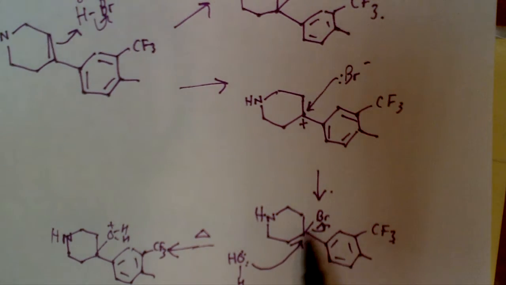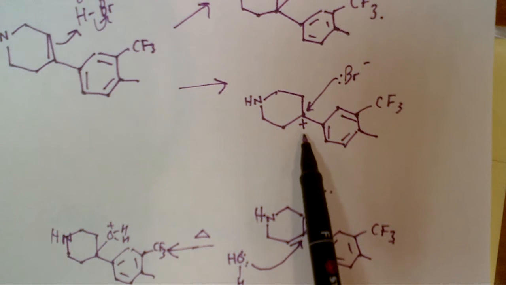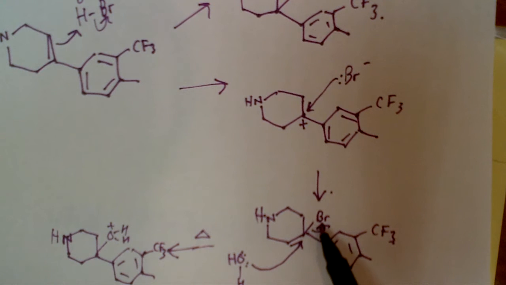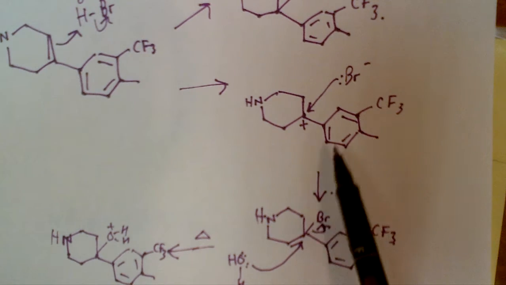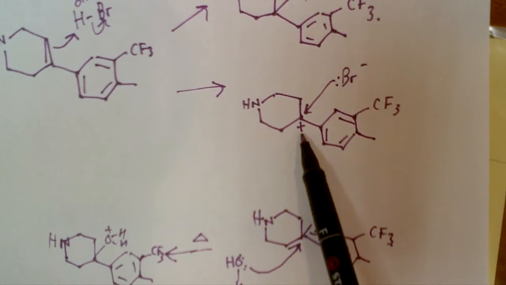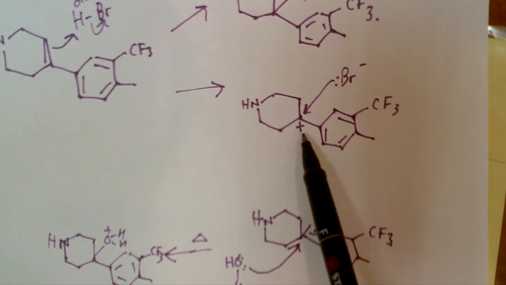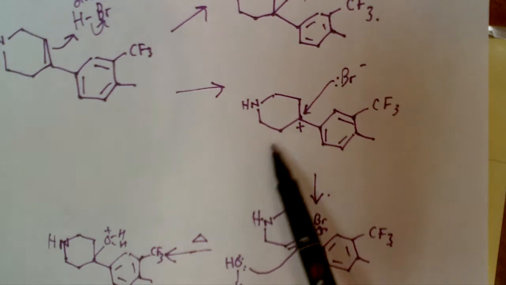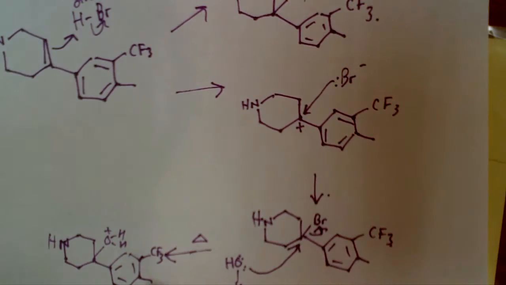But this system here, because it's stable as a benzylic system, there's nothing to suggest that if you were to take this and heat it at reflux with water as a solvent or as a nucleophile, that you shouldn't remove the carbon to bromine bond in an SN1 step. So you go back towards this carbocation, this benzylic system, where the water molecule then can actually move its electrons towards this carbocation.